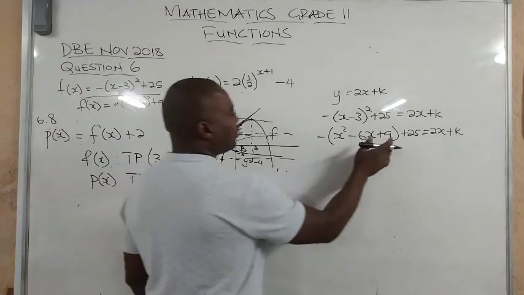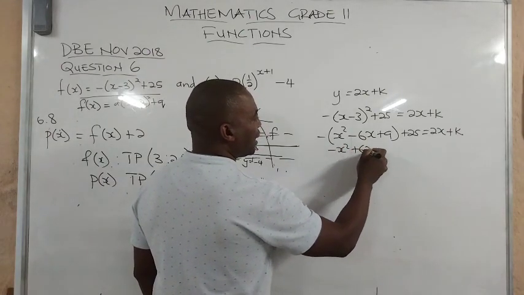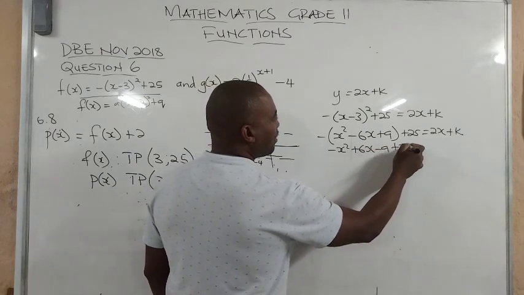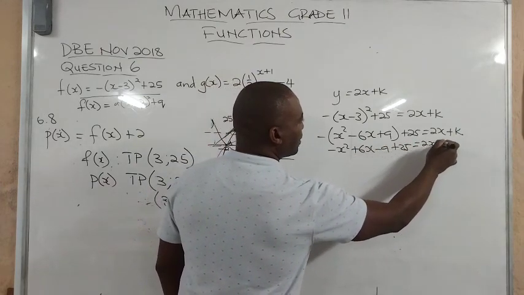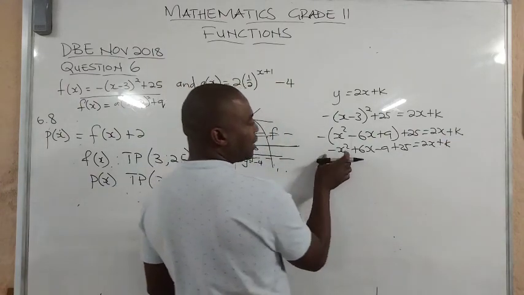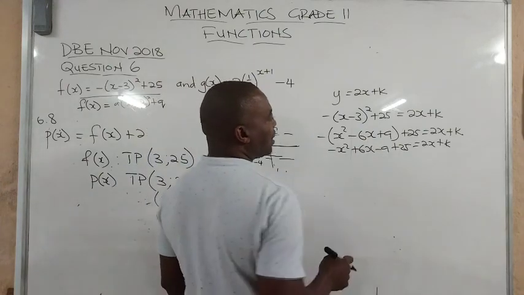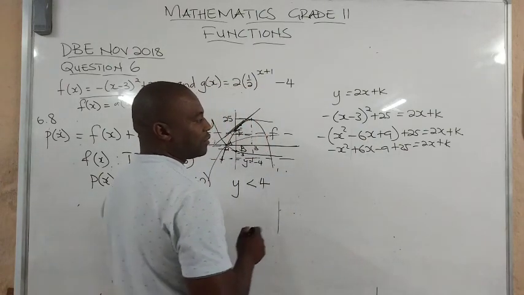And then removing these brackets is negative x squared plus 6x minus 9 plus 25 is equal to 2x plus k. We can take this x squared, everything to the right, so that we just don't work with this negative.